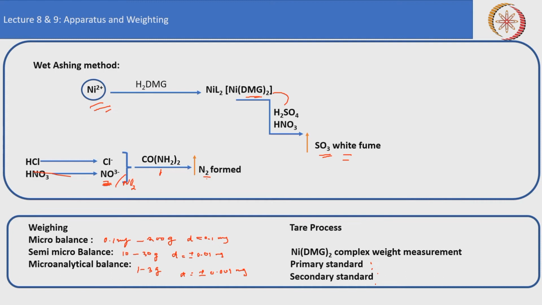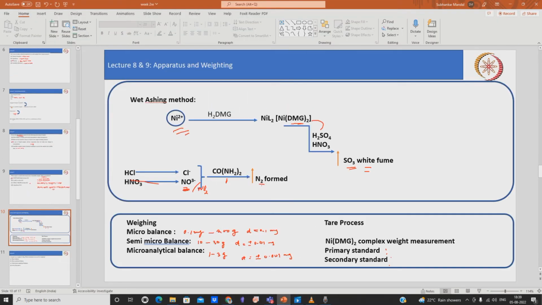If you are making some solution, and its concentration is changing with time, or with light effect, then that is called a secondary standard. In that case, whatever concentration solution you make, you have to standardize that solution concentration by the primary standard concentration.